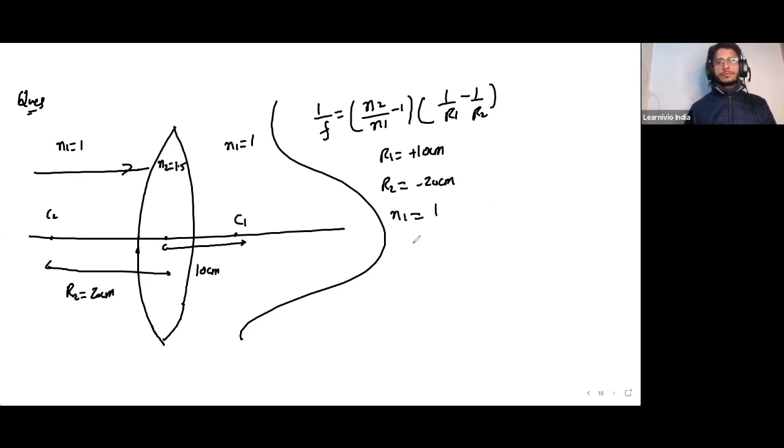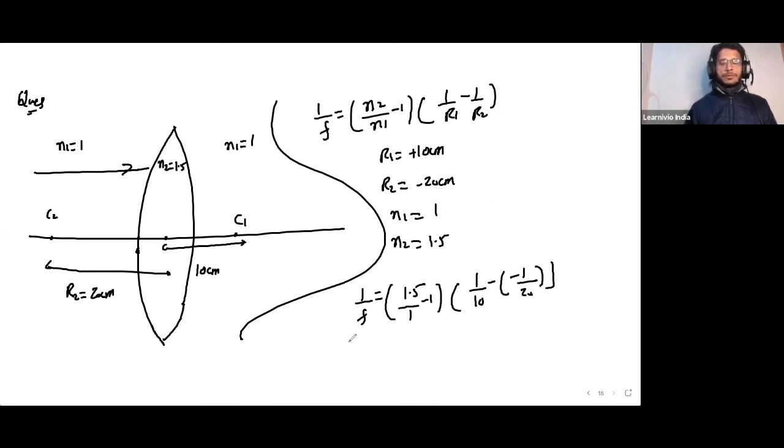N1 is 1 and N2 is 1.5. If I substitute all values here, I will get 1 by f is 1.5 by 1 minus 1, into 1 by 10 minus of minus 1 by 20. So your 1 by f is 0.5, and the LCM is 20, so 2 plus 1, 3 by 20.